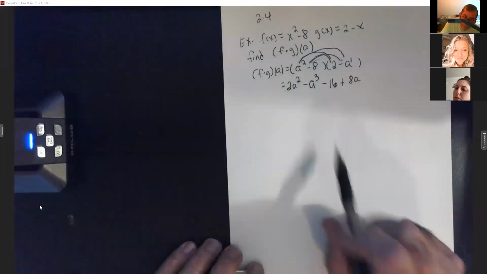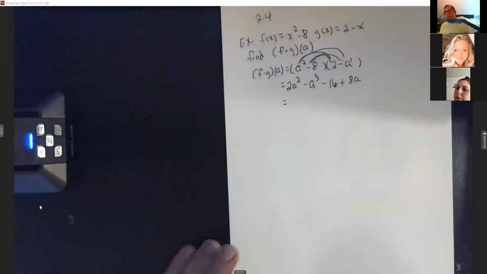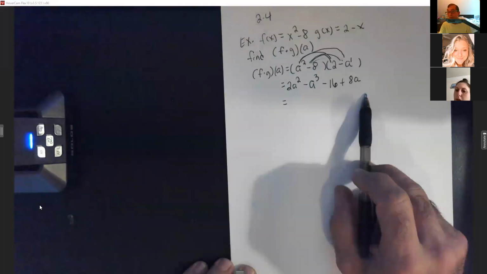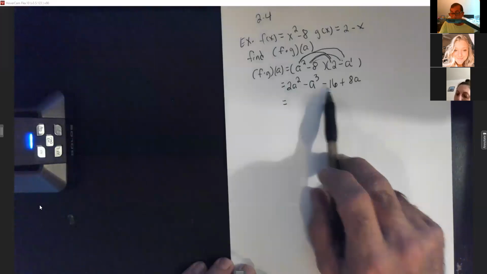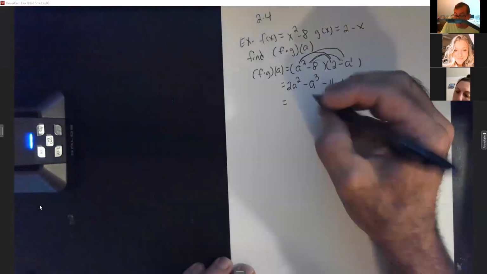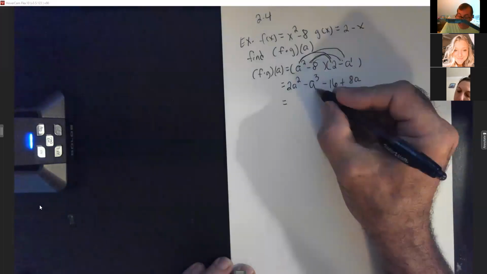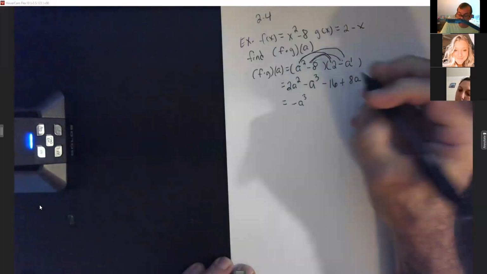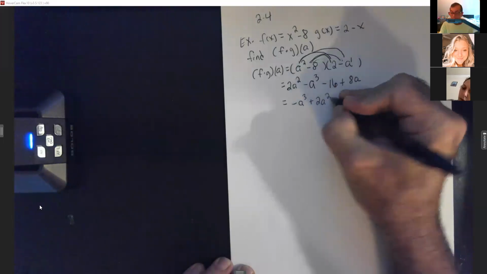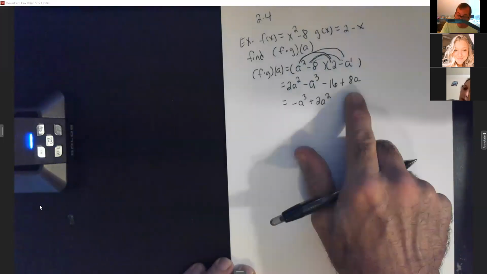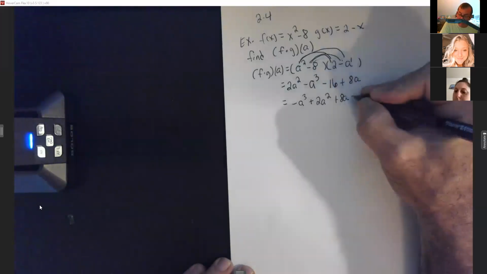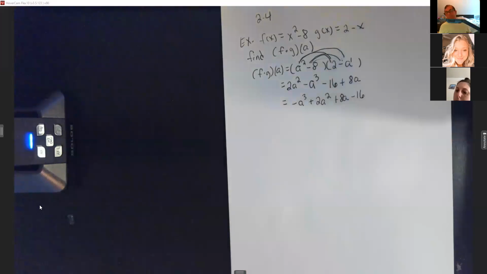So the only thing that I will do that they might request you to do is put these in descending order. And that means from the highest exponents down to the lowest. So if I was putting it in descending order, I would get a negative a to the third plus my 2a squared. So I'm just rearranging it, plus my 8a, and then minus my 16.